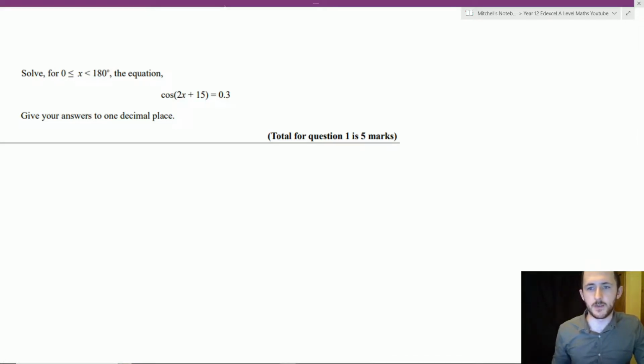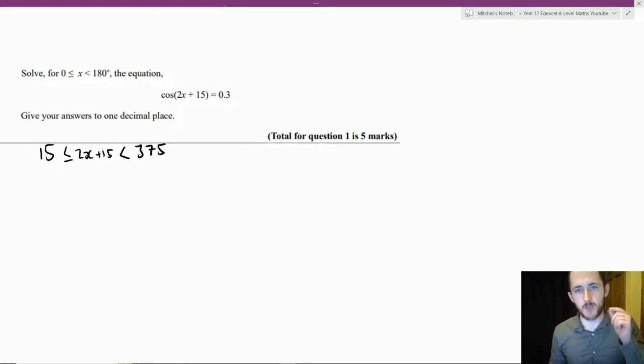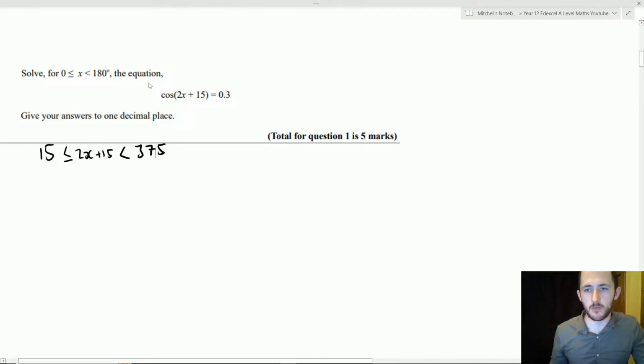So what we need to do is, to both sides of this, we multiply it by 2 and add 15. So 0 times 2 is 0, plus 15 is 15, less than or equal to 2x plus 15. 180 times 2 gives me 360, plus 15 gives me 375. So for the initial part, we're just going to work out what the overall values are for this whole thing.